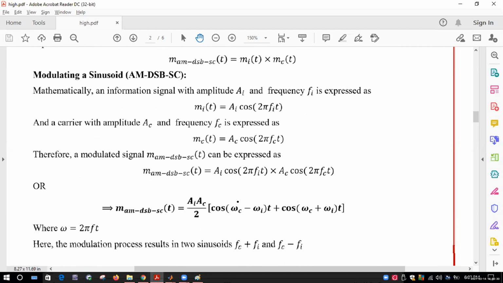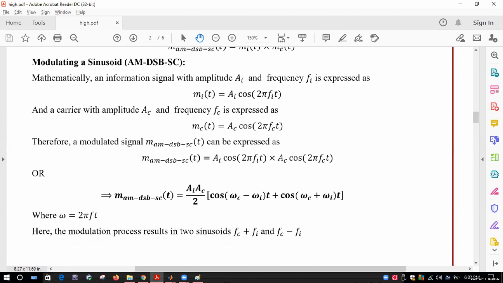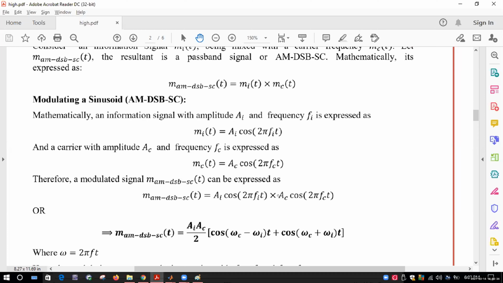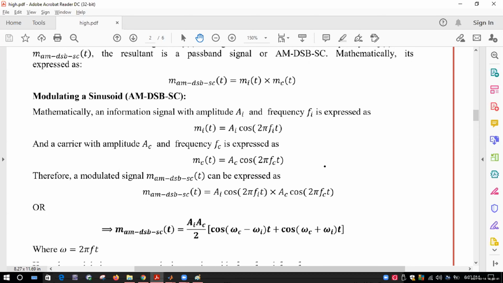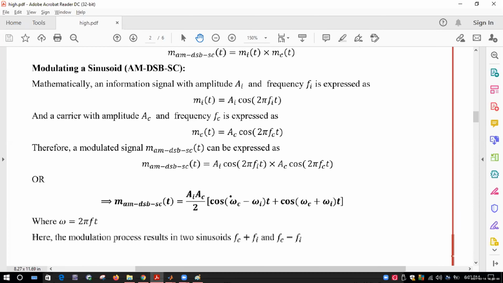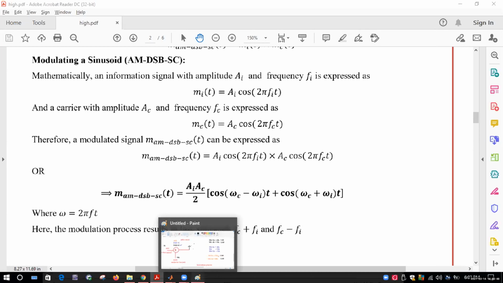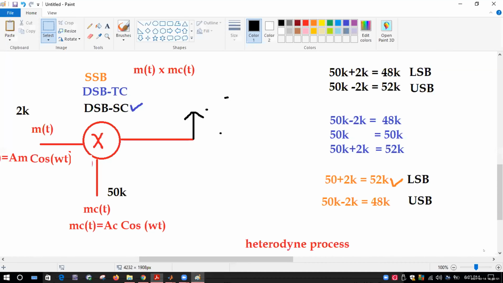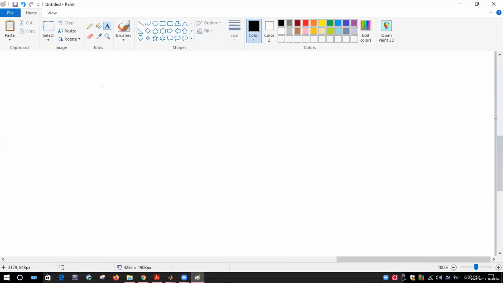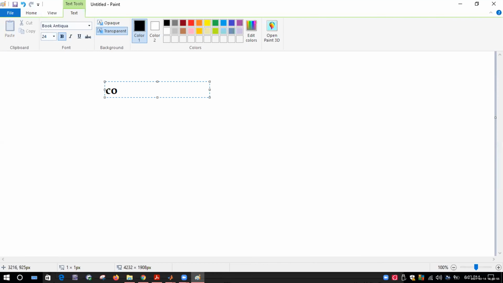This is your information signal and this is your carrier wave. Here we are mixing them. So Ai cosine omega t times Ac cosine omega t. What do you get? This identity, cosine A times cosine B. What is that?